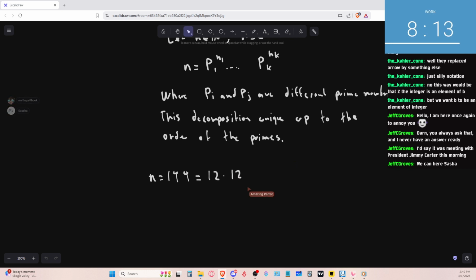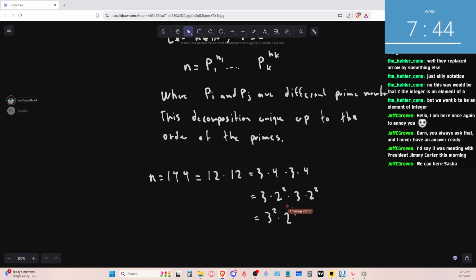Right. So here, maybe 12 will be 3 times 4. Maybe we can go another step. And the 4 now can be broken down as 2 times 2. And now if we pack common factors together, we get that.